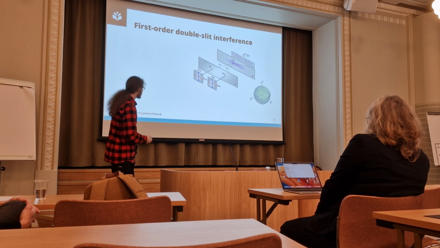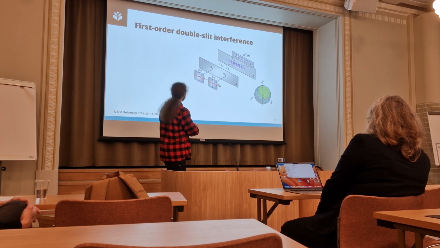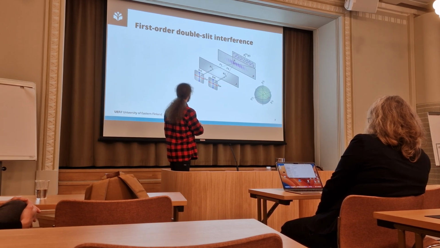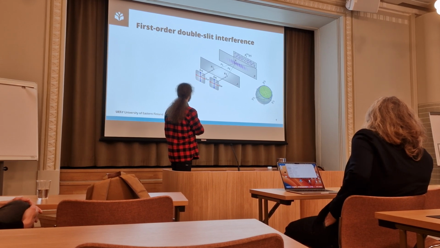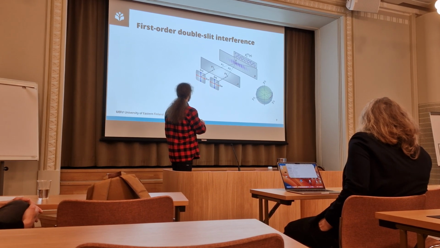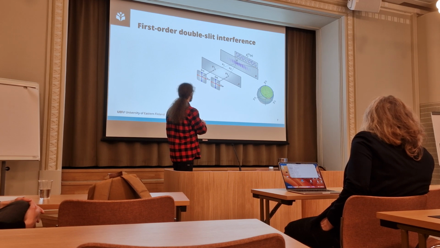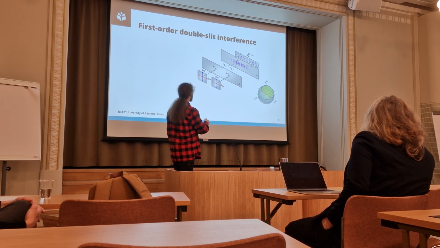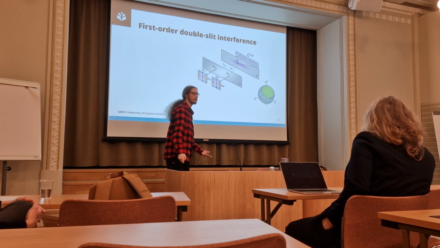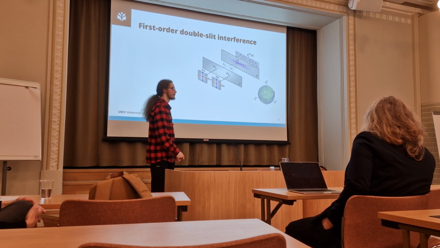So now there are 2 slits, and both of them have polarization modes for Y polarization and X polarization. And the light from these slits then propagates to the observation plane, where polarization modulation can be observed. Not just intensity modulation, but polarization modulation.